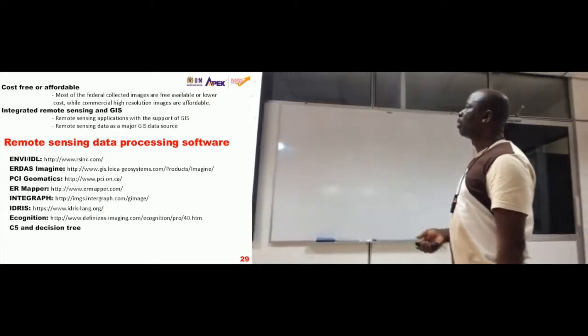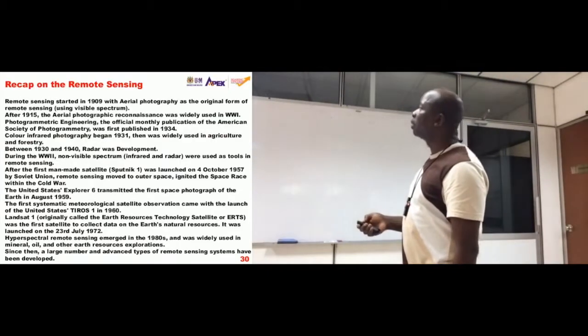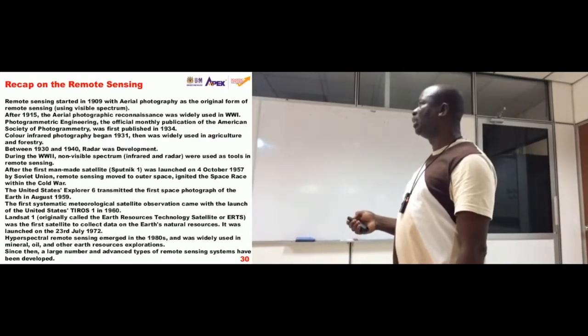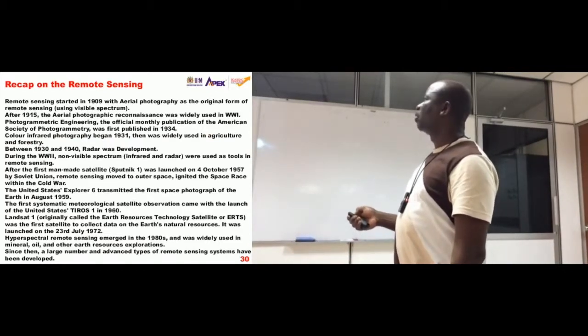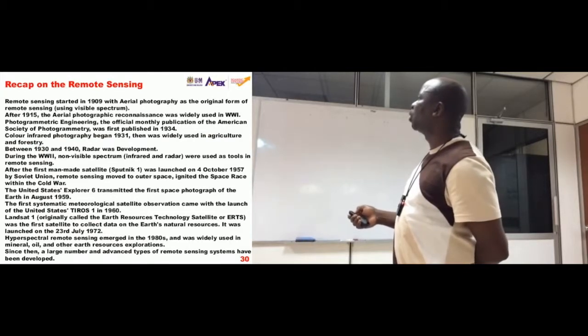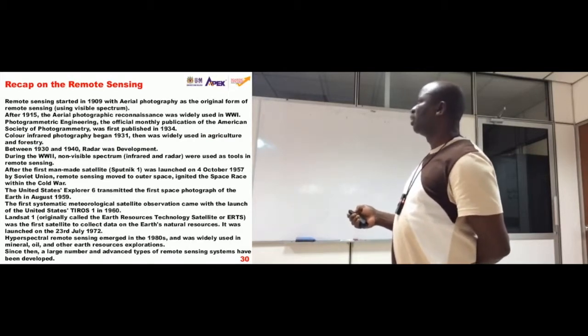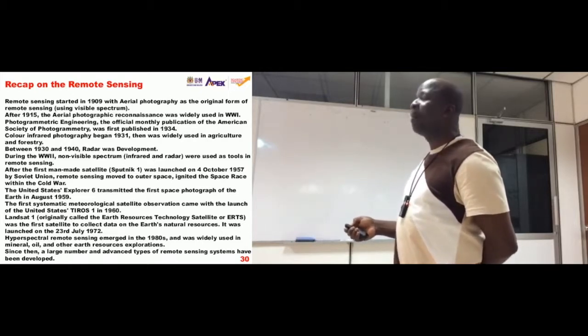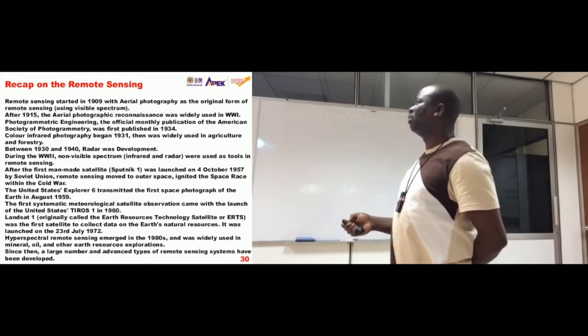So, for the recap, remote sensing actually started in 1909. But at that time it was aerial photography, which was the original form. Later it was developed.